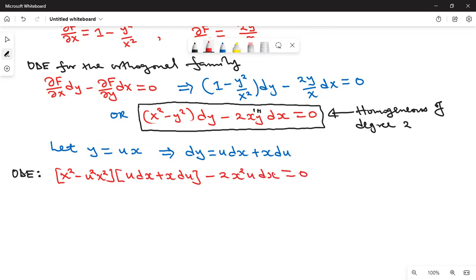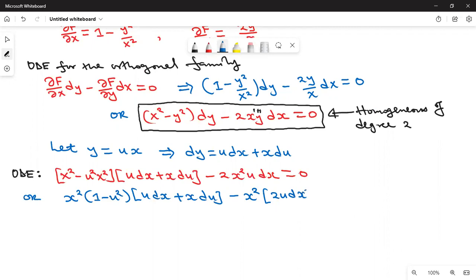You see, x squared is common. That can be factored out. So you can write x squared times 1 minus u squared times u dx plus x du, minus x squared times 2u dx is equal to 0.